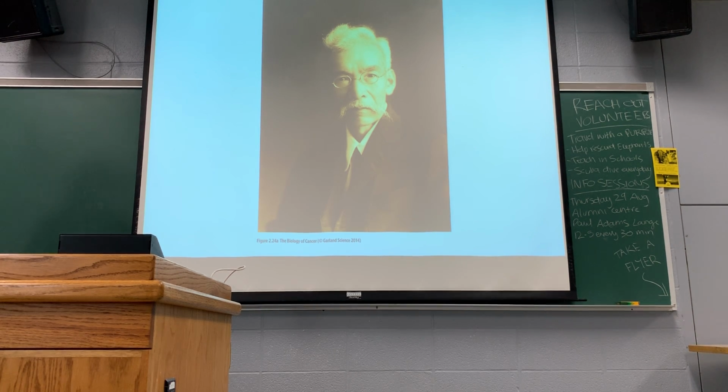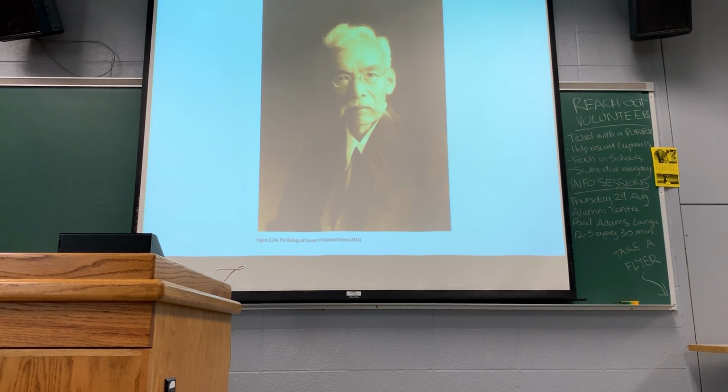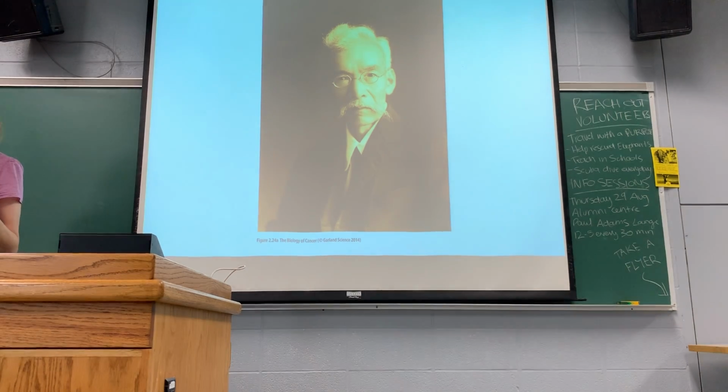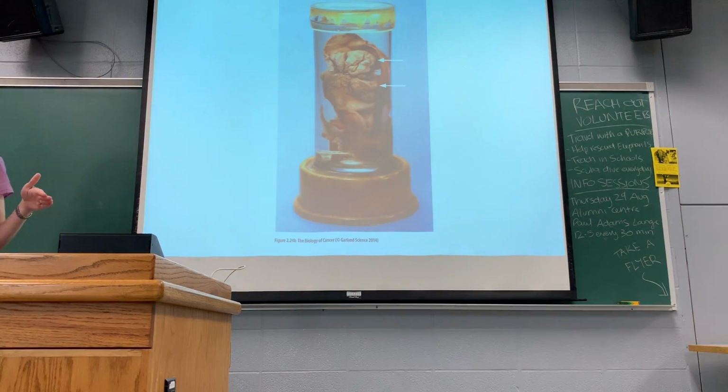So Yamagiwa, many years later, in 1915, which is still a long time ago, but it was way past the Percival Pott era, he and his lab were taking coal tar, the tar that's created from burning coal, and they were painting the ears of rabbits with this coal tar daily, over and over and over.